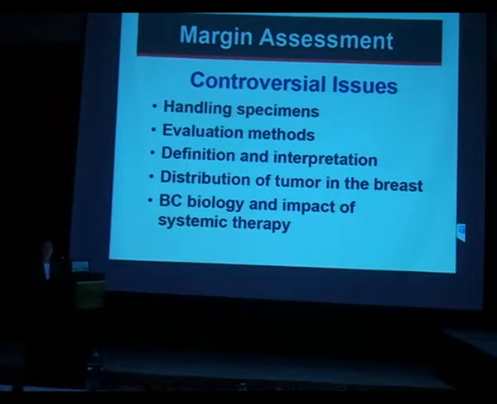So we should not pretend that, when we say 1 millimeter, it is what it is. So we are giving an assessment, just like radiologists, when they say the tumor on ultrasound is this much. It's an assessment. So we should really accept that, and we as pathologists try to be as precise as possible, but we have to accept that this is not that precise.